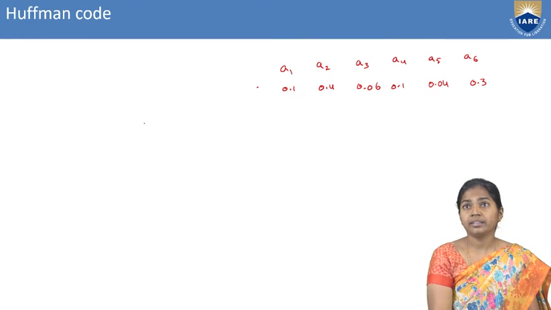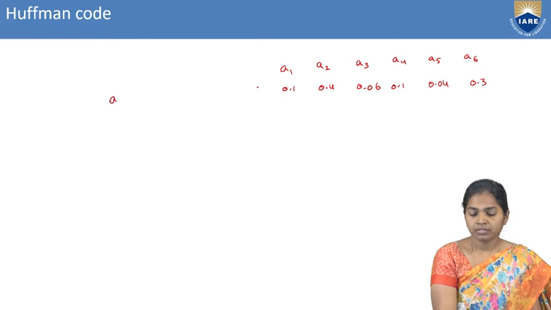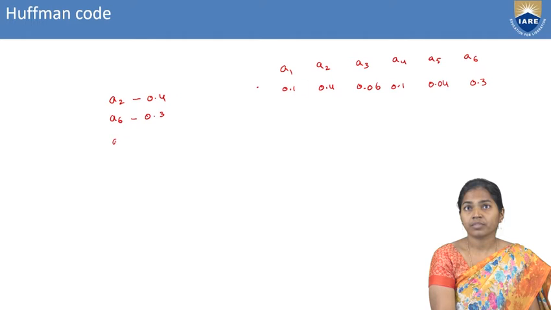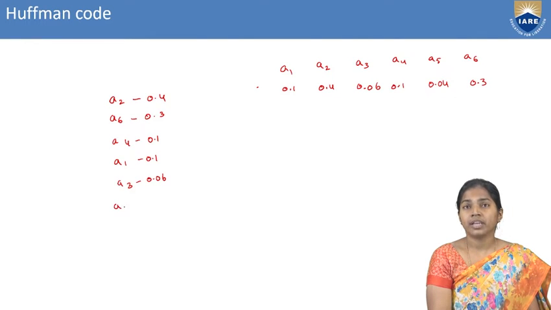So write all these values in descending order. Here A2 is 0.4, A6 is 0.3, A4 is 0.1, A1 is 0.1, A3 is 0.06, A5 is 0.04.